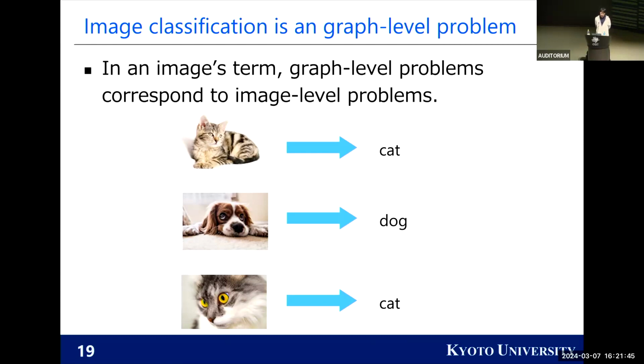And you may think that graph level problems are more natural than node level problems, but actually, as we will see later, graph neural networks can handle node level problems more naturally than graph level problems.